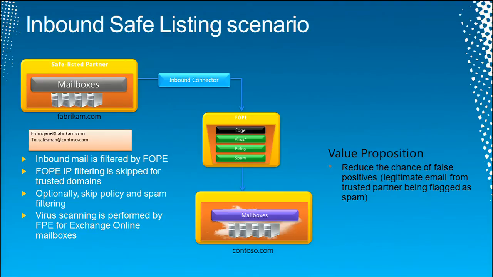So it doesn't matter even if the host has been blocklisted, you can add them as a safe inbound IP address. And this only applies to you. It doesn't apply to all the other FOPI customers. It's only mail for your domain. And that's going back to the attribution, or look, who's the mail being sent to? Who's it coming from? Let's find a connector to associate it with and apply all policies on that.